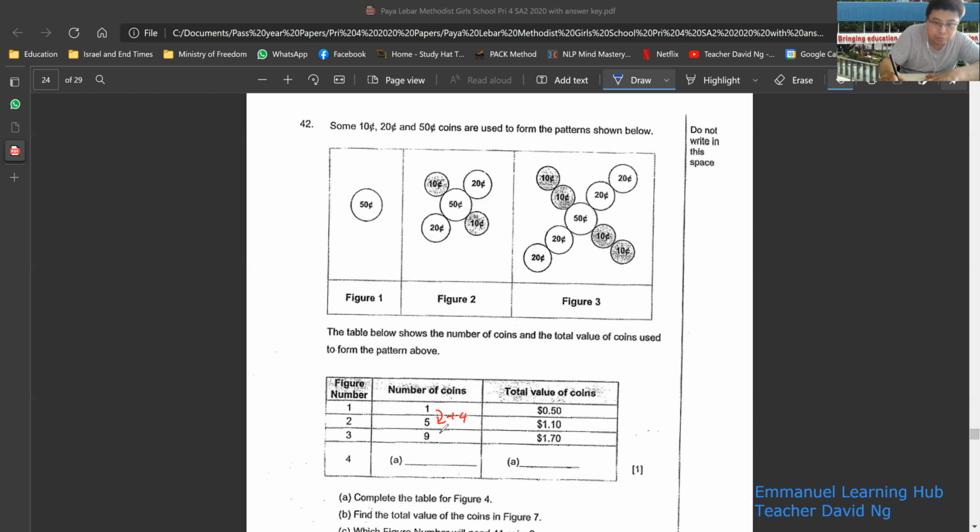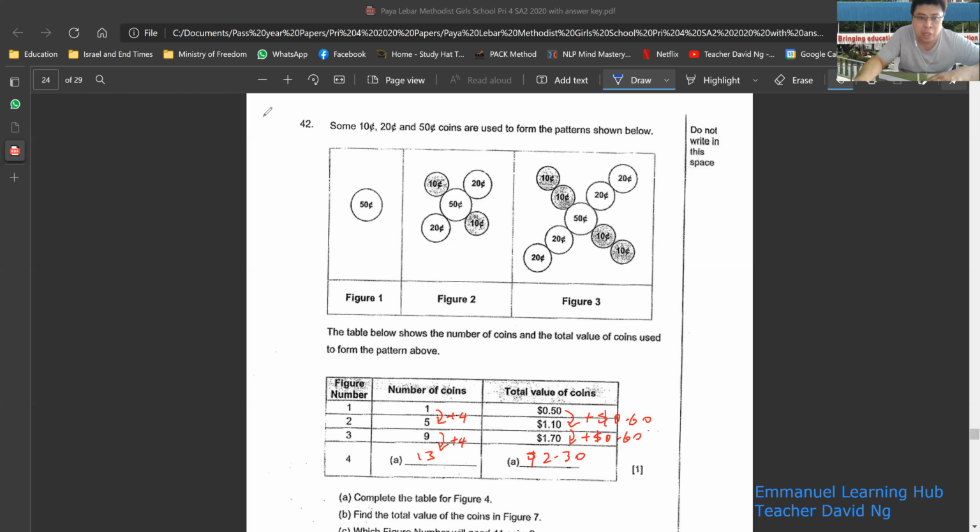Each number plus 4. Okay, how about the value? $2.30. How do you get $2.30? Because each number plus 60 cents. So this is $2.30.